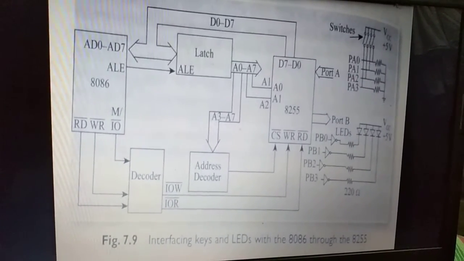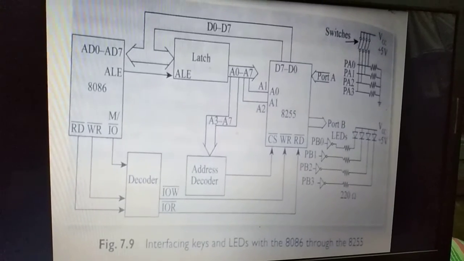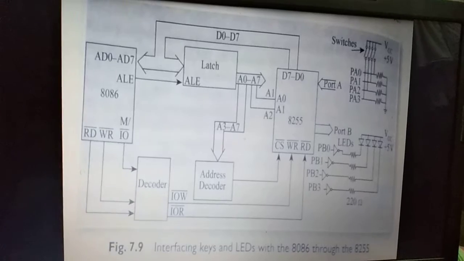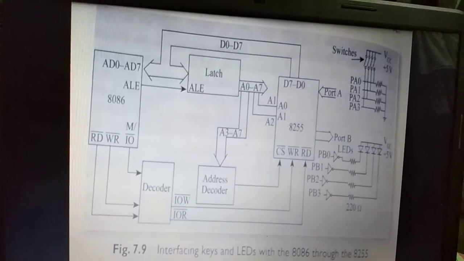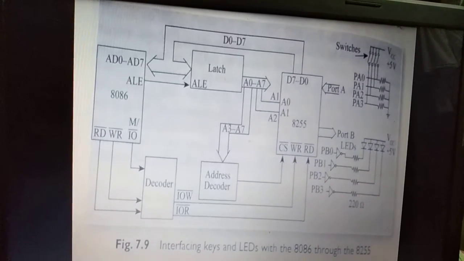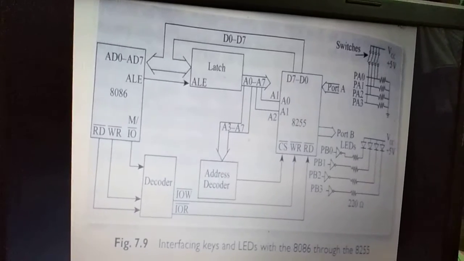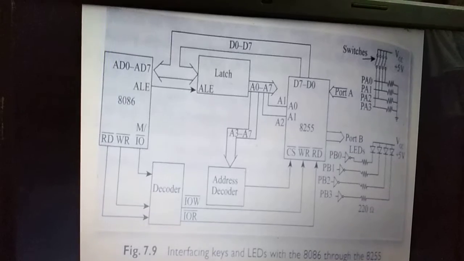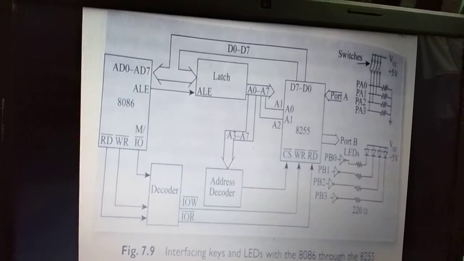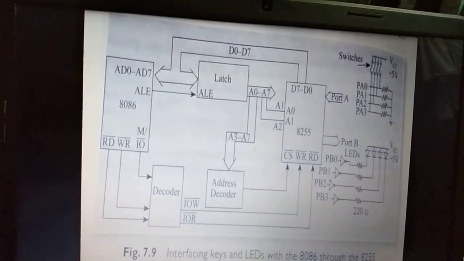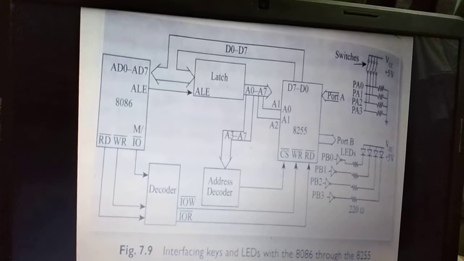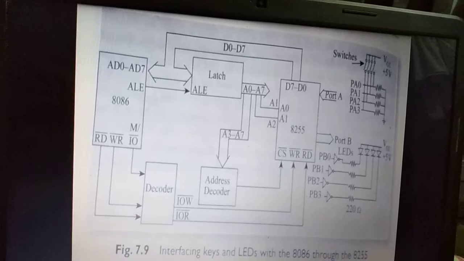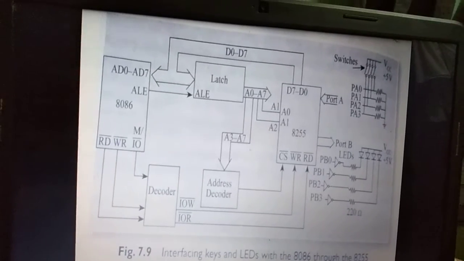Now coming to the microprocessor side, from the microprocessor we first need to give the address of the register, that means the port. The address is unidirectional, so we are going to use a latch. The ALE signal is passed to the ALE of the latch, and we use the first 8 lines of the address or data lines. If it carries the address, the latch places the addresses A0 to A7, and the bits A1 and A2 are used to code the registers.